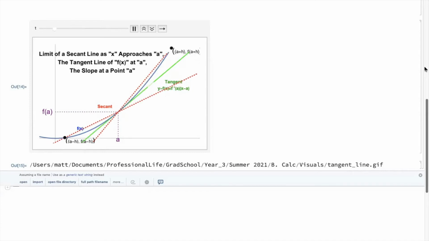Everybody with me on this? Okay. This is going to be x is equal to 1 plus delta x. This is going to be f of 1 plus delta x.